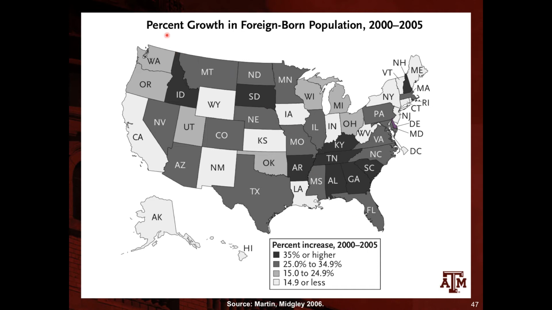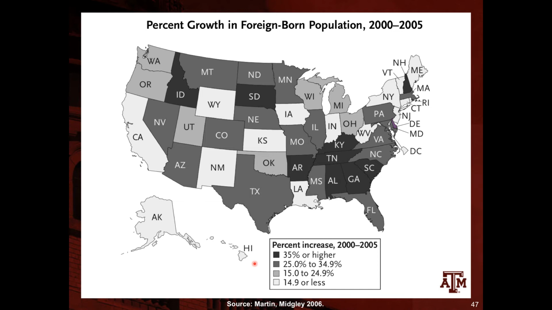So here we have the percent growth. Although they still have a low percentage overall of foreign-born population in their states, they actually have increased the share of foreign-born population a lot. So, for example, if a specific state has only 1% of foreign-born population, and it increases to 2% in the next year, that's a 100% increase.